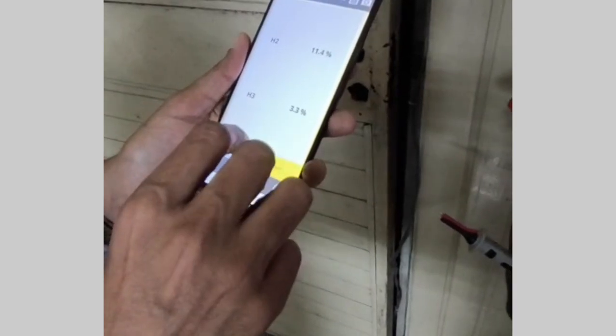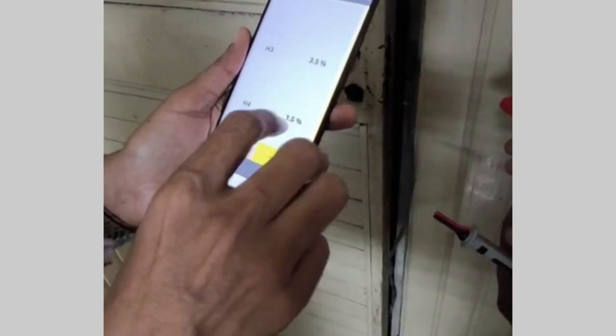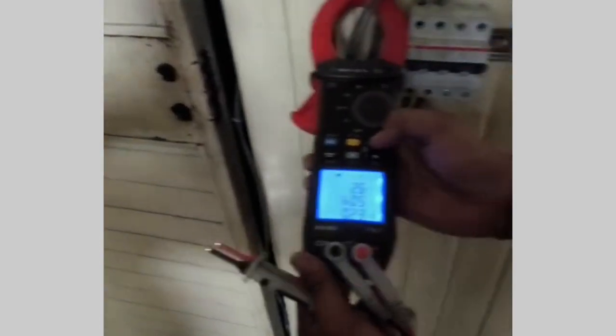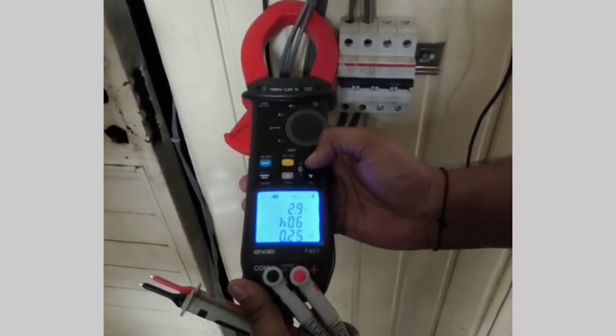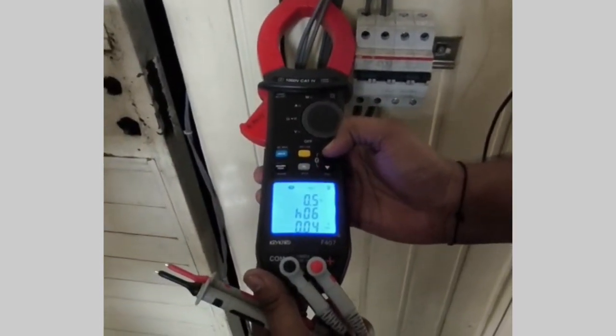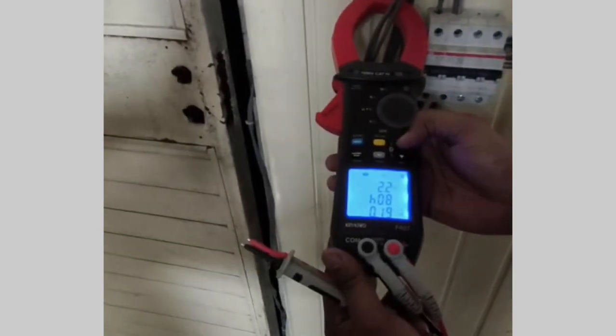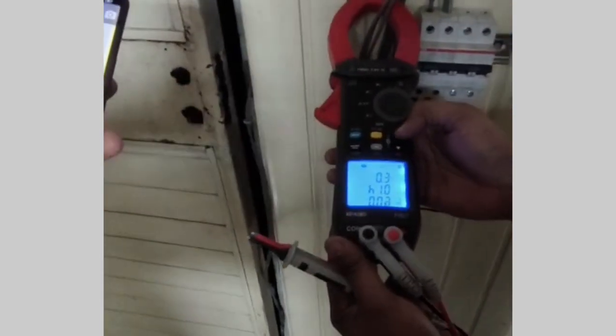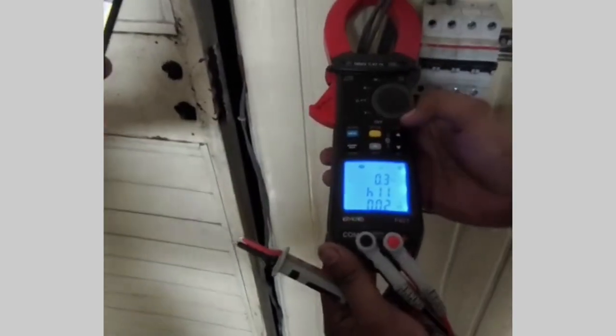Accordingly you can measure all these things, which will help you understand what the distortion factor actually is, what the total harmonic distortion in the voltage is, what the total harmonic distortion in terms of current is, and what the permissible values are. All should be within the permissible value as per IEEE 519.